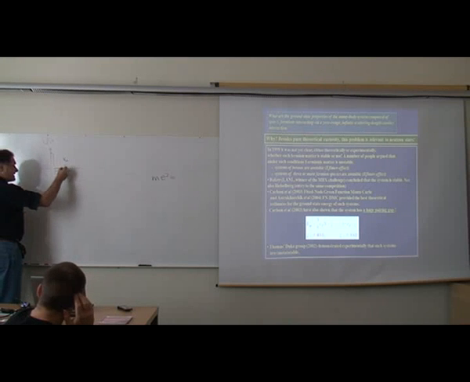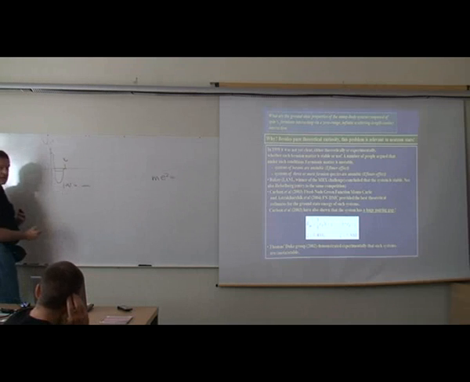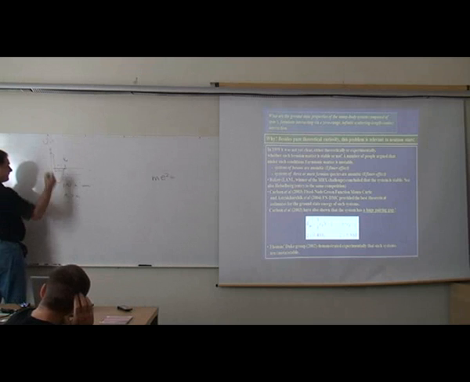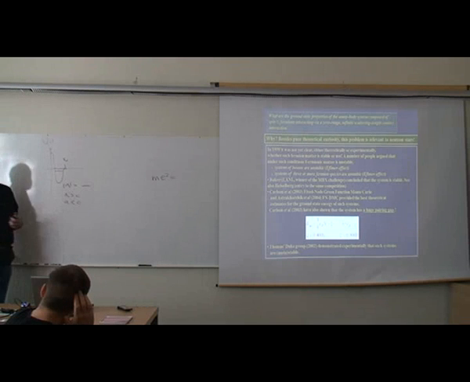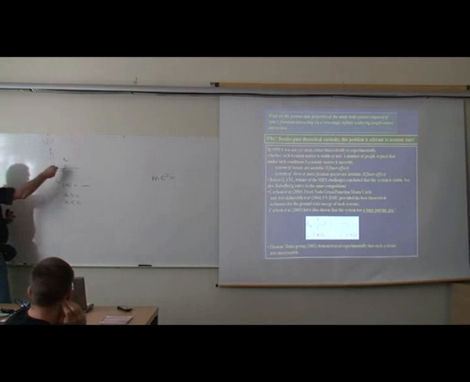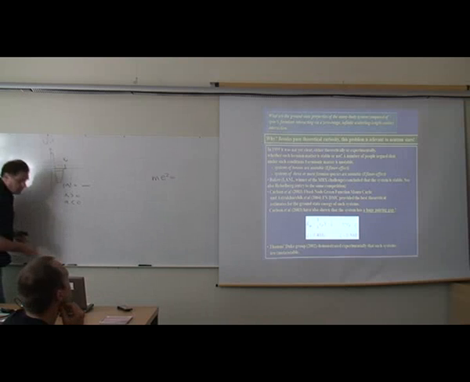When this bound state is exactly at 0, the scattering length is infinite. If this is below 0, A is positive. If you have a virtual state, A is negative. So essentially, this is how you form an infinite scattering length. You cannot have an infinite scattering length unless you have attraction. Okay.